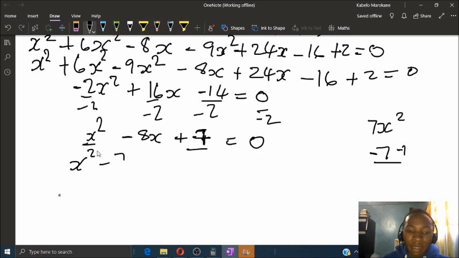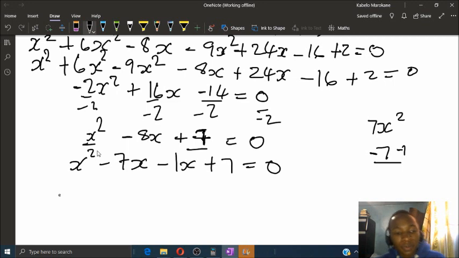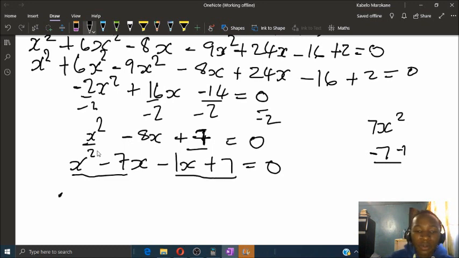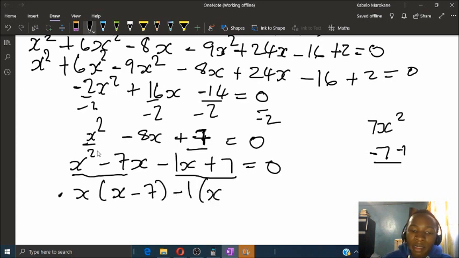x squared minus 7x minus 1x plus 7 equals 0. So now what we do is to factorize the first two and the last two. x(x minus 7), minus 1(x minus 7), because negative and negative gives you positive.